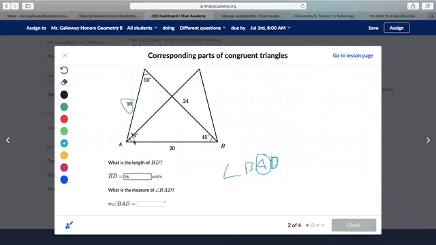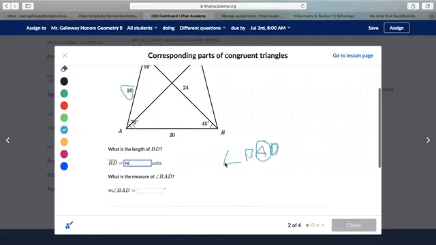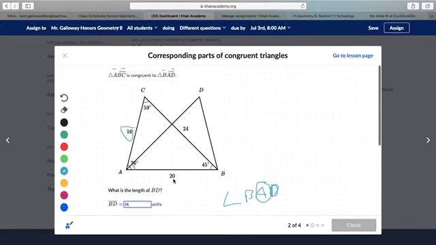It's this angle right here, and it's congruent to angle ABC, because in BAD, A matches with B. They're both the second letter.